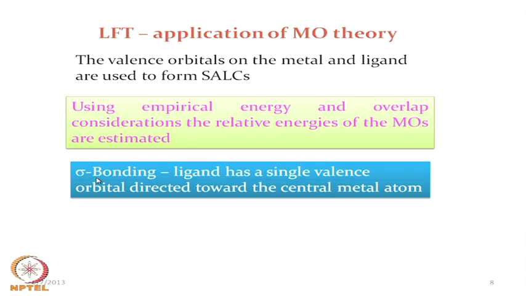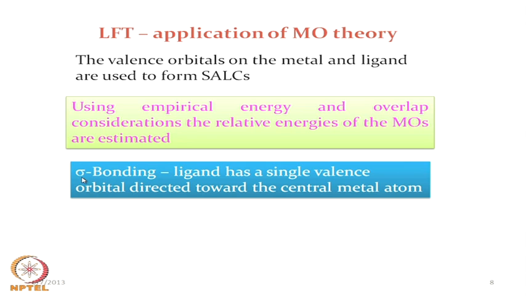So, two types of bonding we will consider in this particular theory. One is the typical sigma bonding, which is sometimes very close to our crystal field theory, when the interactions were purely electrostatic, but now we will have direct overlap between the metal and the ligand orbitals, and if there is a head-on overlap, we will talk in terms of sigma bonding, and the ligand has a single valence orbital.